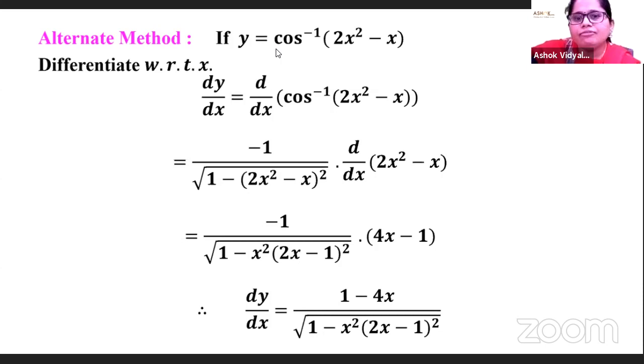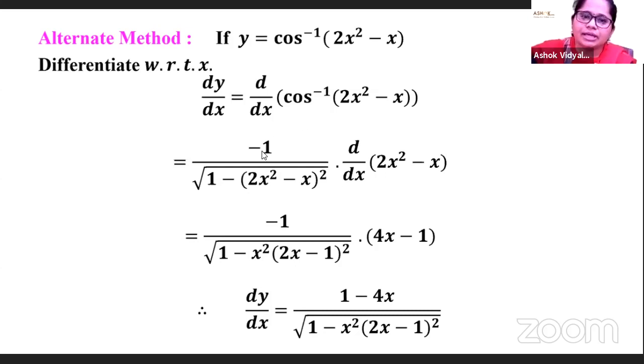And the alternative method for this function: if y is equal to cos inverse of 2x square minus x, we know that the derivative of cos inverse x is minus 1 upon under root 1 minus x square.